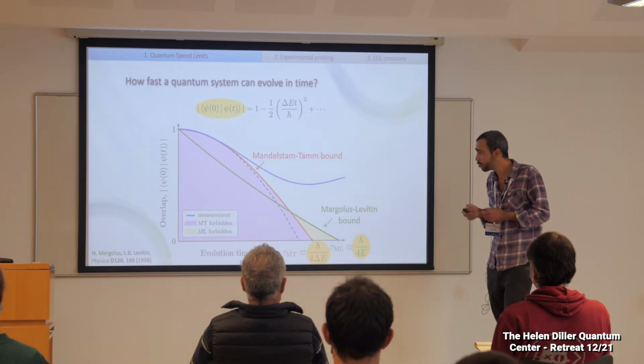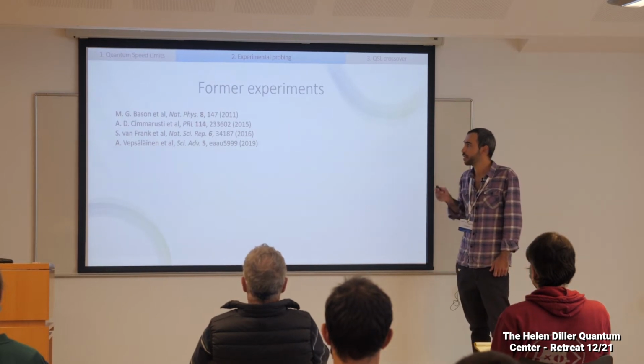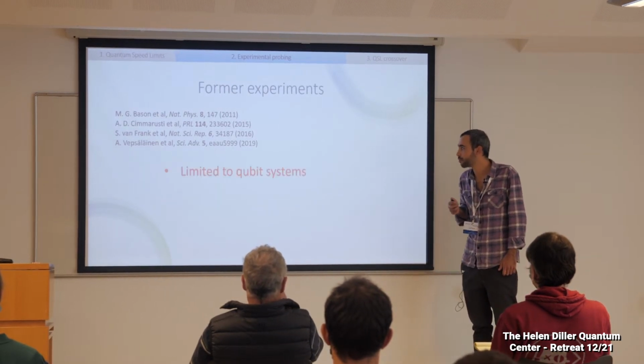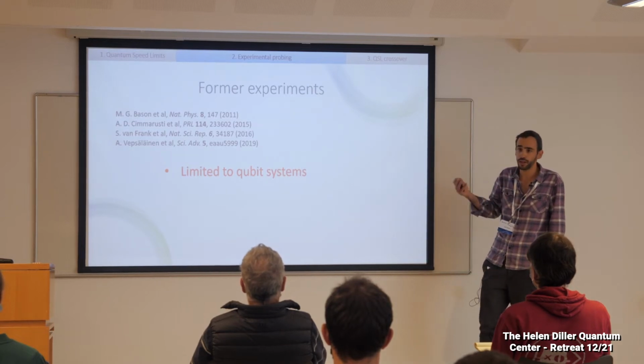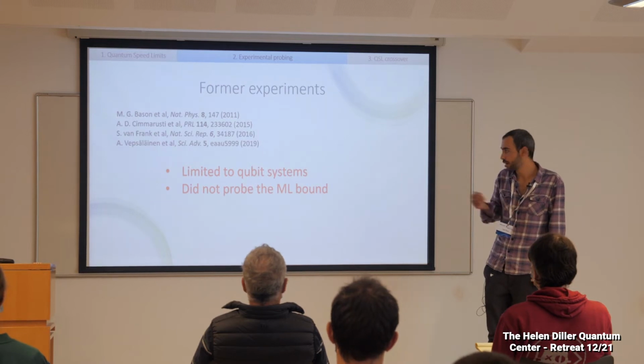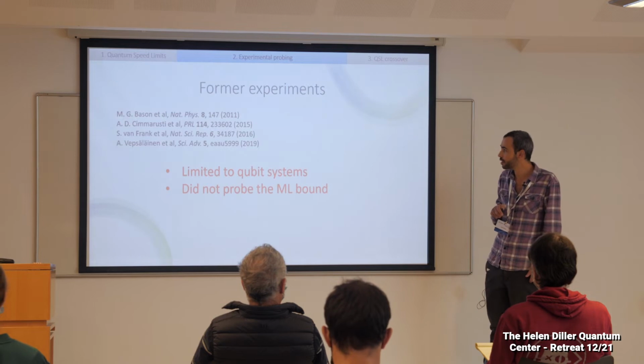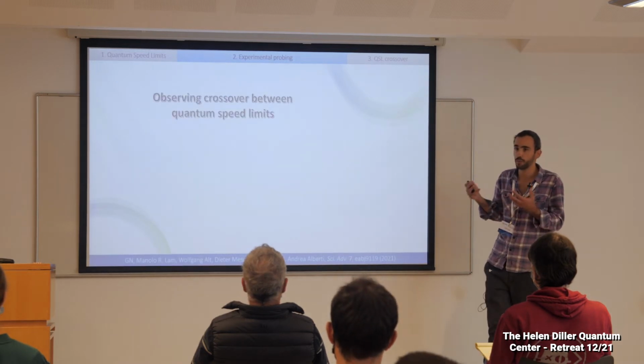Former experiments in this direction of quantum speed limits were done, but they were unfortunately limited to qubit or effective qubit Hamiltonians, and they only studied the Margolus-Levitin bound or the Mandelstam-Tamm bound of the energy uncertainty. So there are a few novel points in our work.